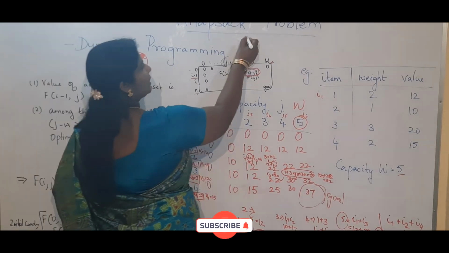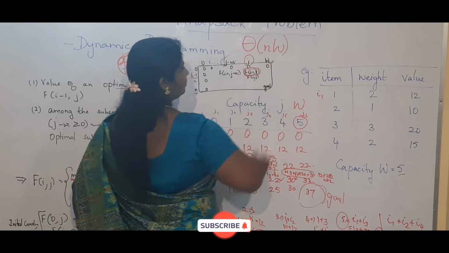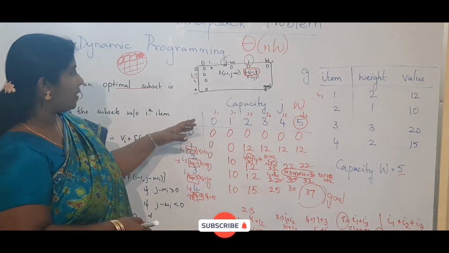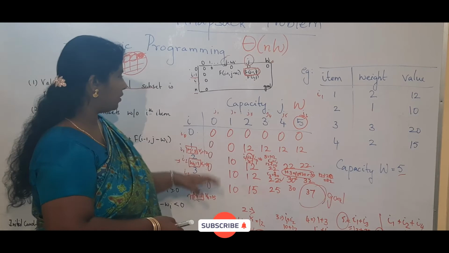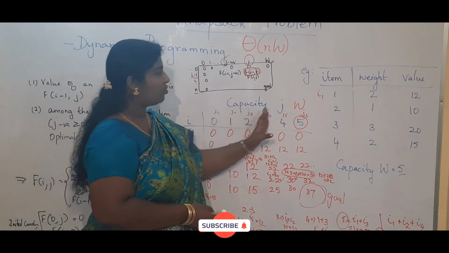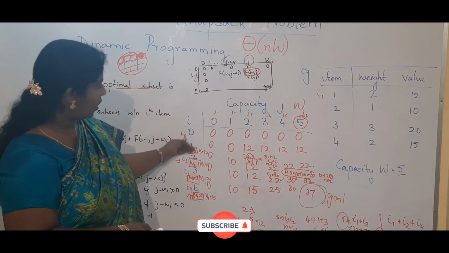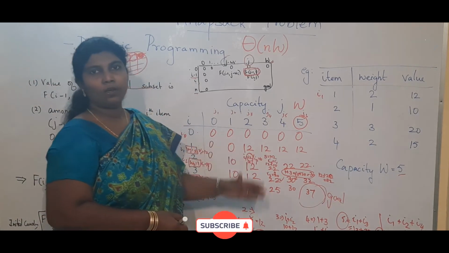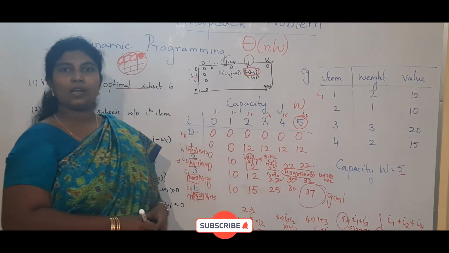So the time complexity and the space complexity with respect to the number of items and the number of weights: for each weight 0, 1, 2, 3, 4, 5, and for items 1, 2, 3, 4, so 4 into 5, that is n into w, is going to be the time complexity.